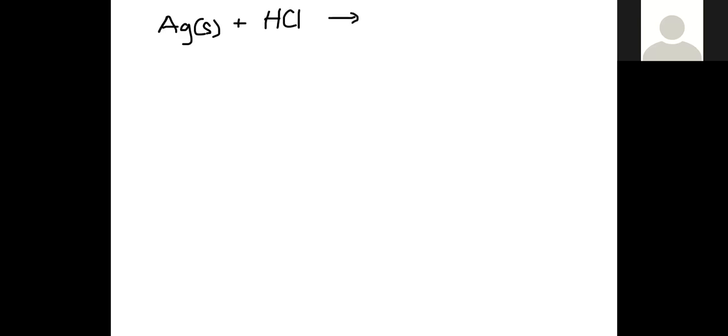I also want a phase for AgCl and H2, which is a gas. Balance it. Give me phases that are missing. Then give me the complete ionic and net ionic. All right. Raise your hand if you have questions. I'll be right back.